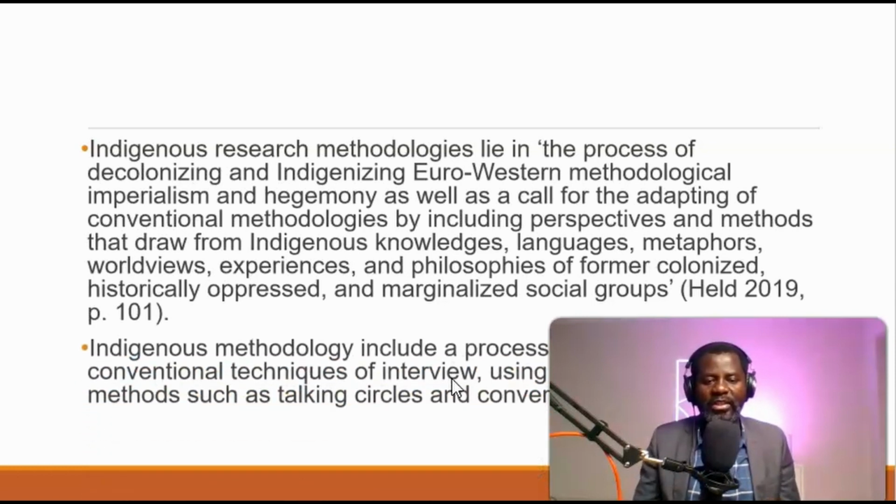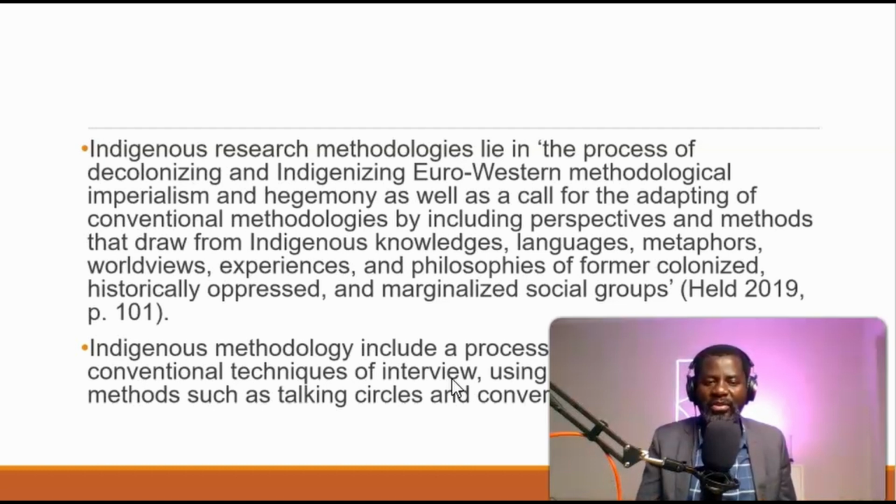Indigenous methodologies include the process of decolonizing the conventional techniques of interviews using indigenous interview methods such as talking circles and conversational interviews. So when you think about methodologies and methods, you need to start thinking about how African indigenous people acquire information. What methods best suit the way they naturally acquire their own information? So instead of using such research methods as interviews, why not use talking circles? Because naturally African people sit around a fire in circles and chat and share information.